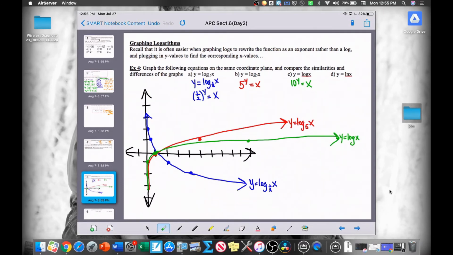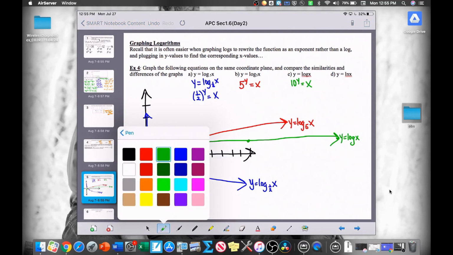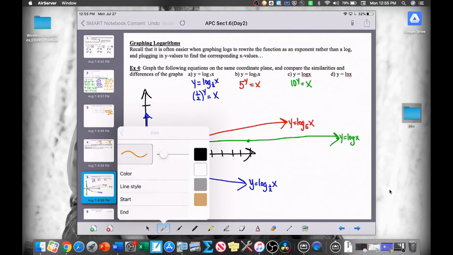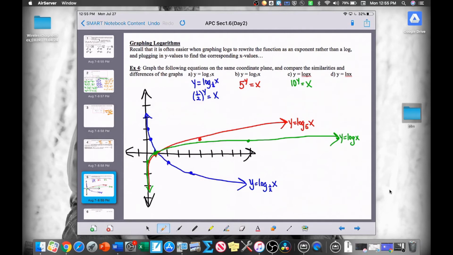Okay. And then our last example, we have a base of e. So this would be e to the y equals x.